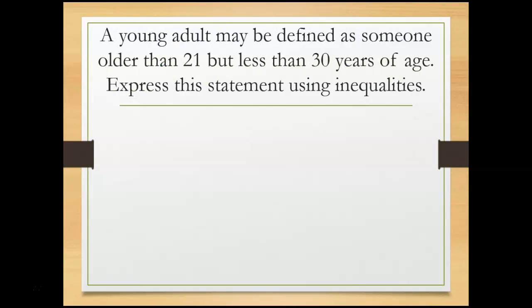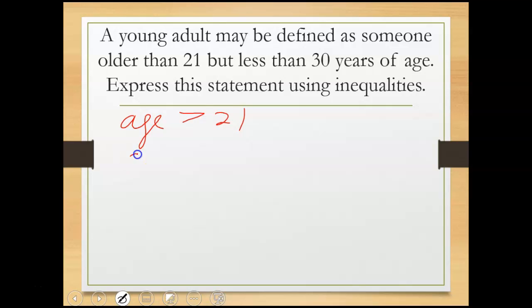Okay, let's solve this problem. A young adult can be defined as someone older than 21. So let's say age has to be greater than 21. It has to be older. So even if it is 21, it's not yet. It has to be past that 21, after the 21st birthday, the following day, maybe, the person is a little older.